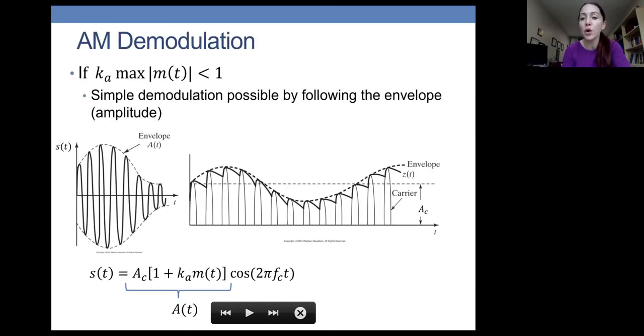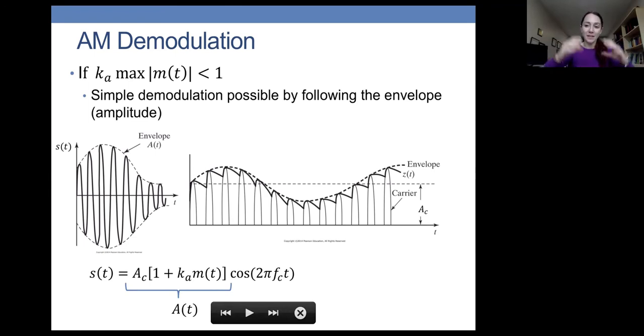Maybe you have heard of the envelope detector in certain electronics lab courses. Have you? Right. It's a simple circuit. The idea is, as I was trying to explain, if you take the maximum amplitude of the message signal m of t, because that would be what is causing trouble, right?